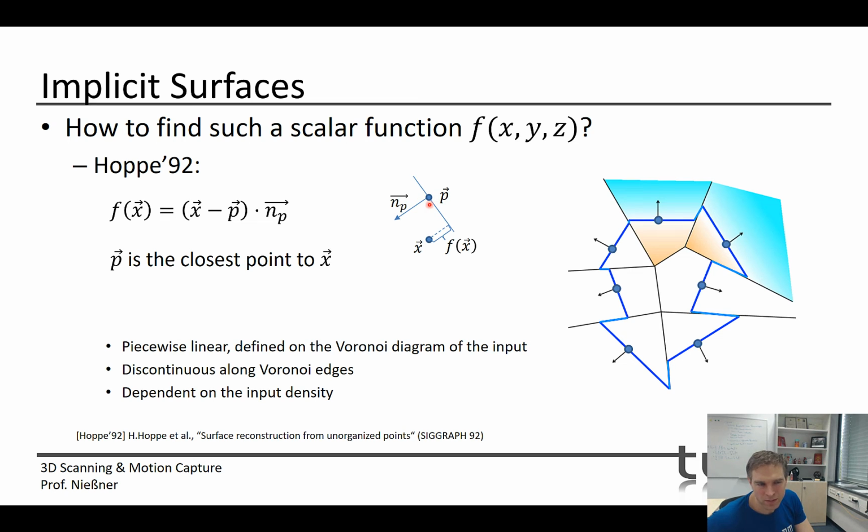So it's not just the points we're taking here as input, we're also taking the normals of the points here as input. We'll see this for many methods actually, that the normals of the points are also required to be computed. This is something we're also going to look at, like how do we even compute normals for the points. It's not so straightforward, but let's just assume we have the normals for the points and we have the points. Then we can compute a surface based on this Hoppe reconstruction.